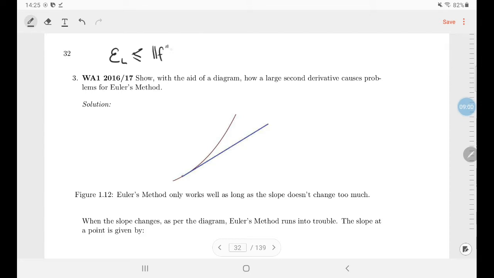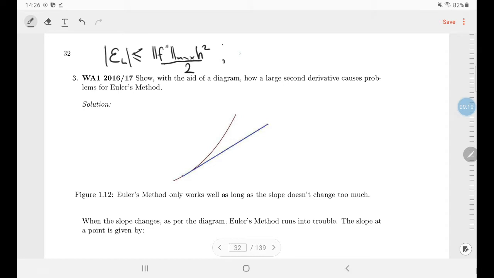Now there was a more complicated statement actually, but the maximum second derivative times h squared over 2. That was an intermediate complexity statement, but maybe we should have absolute values here.